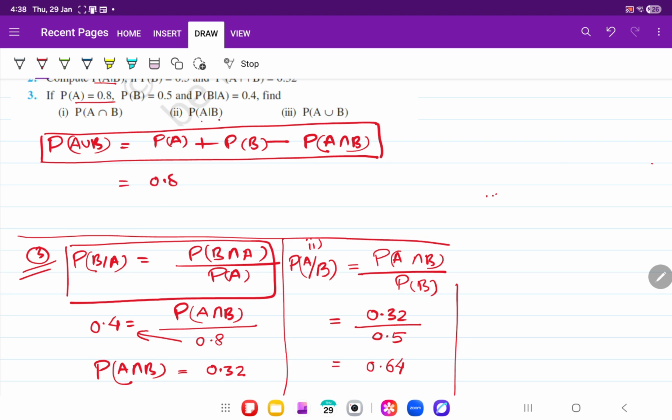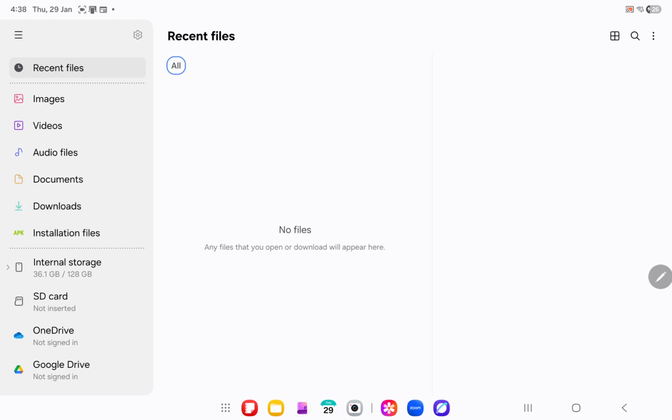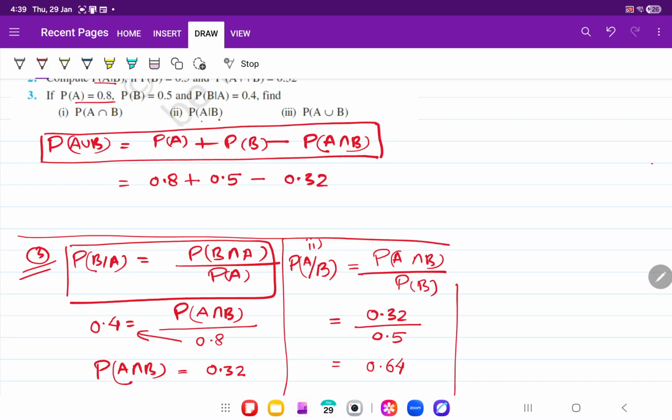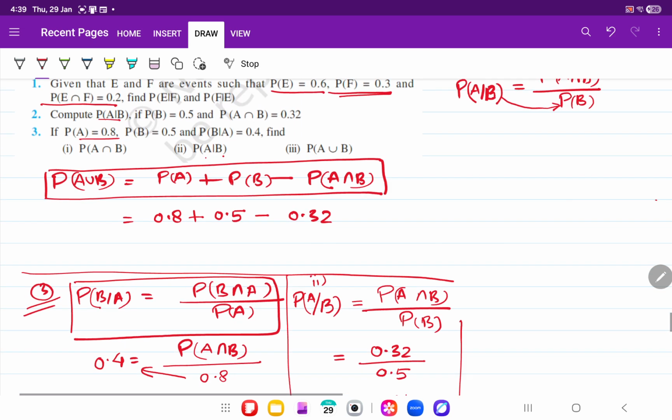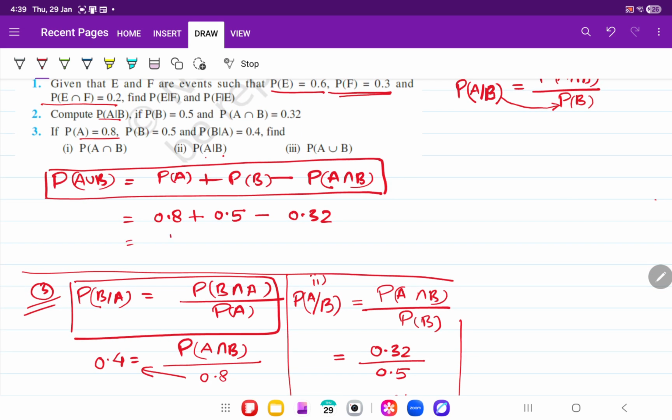P(A) is given 0.8, P(B) is given 0.5 and A intersection B we just calculated, 0.32. So if we solve it, this will be 1.3 minus 0.32. So this comes out to be 0.98. This is my final answer.